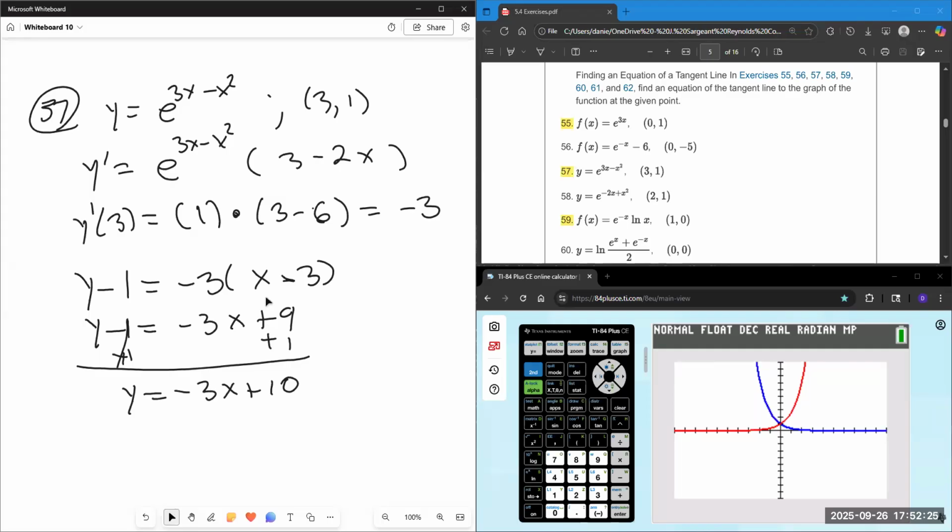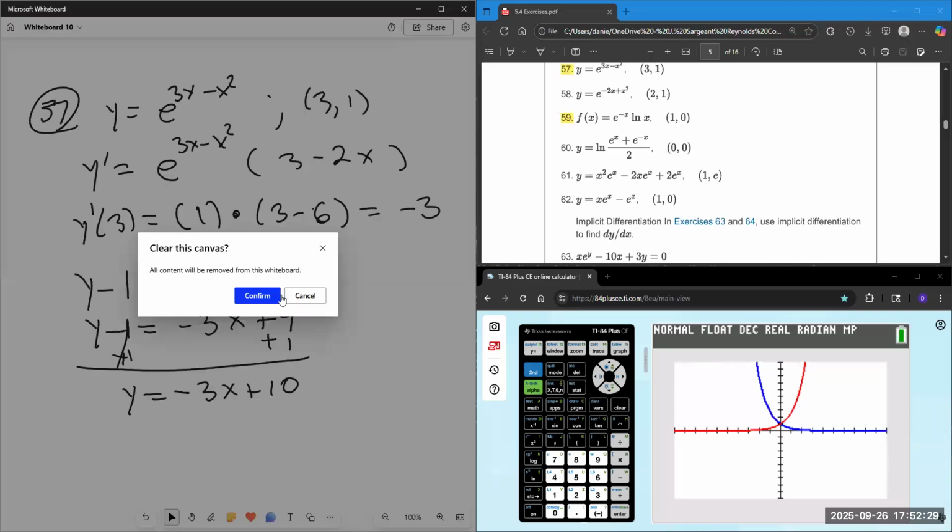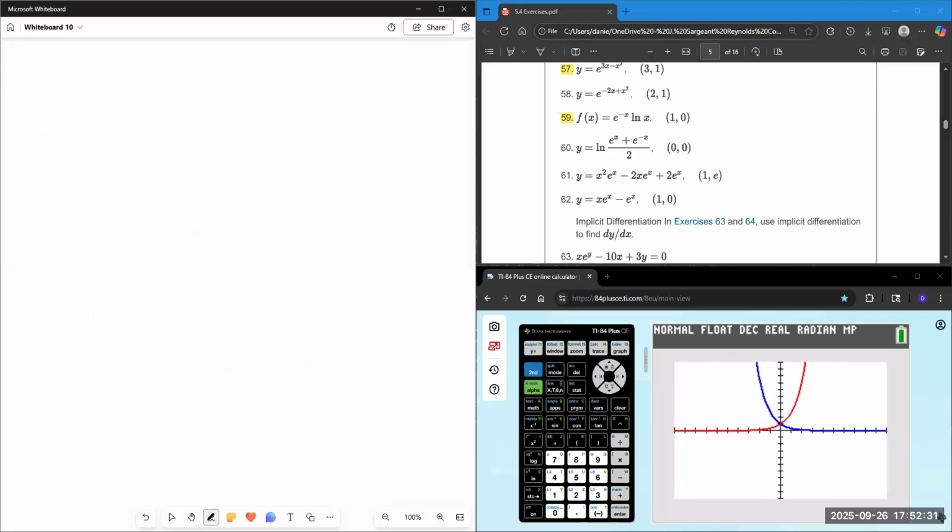So look now at number 59. Number 59 says f of x is equal to e to the negative x ln of x at the point (1, 0).